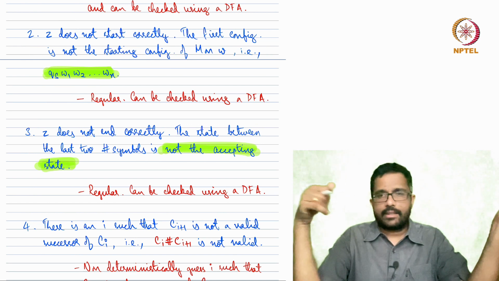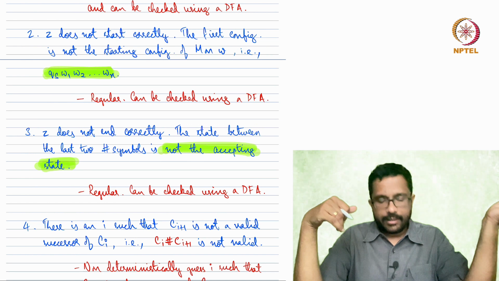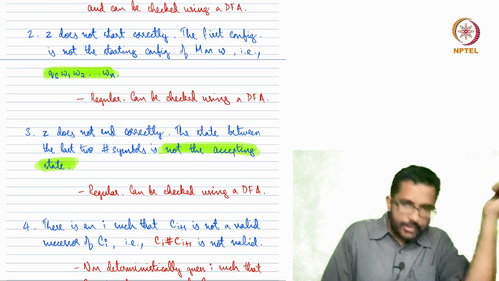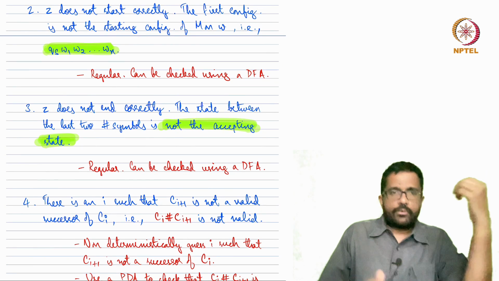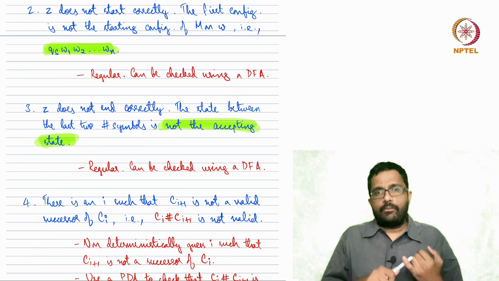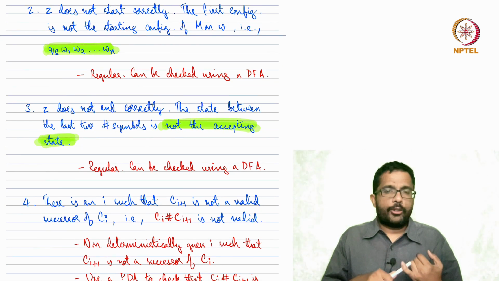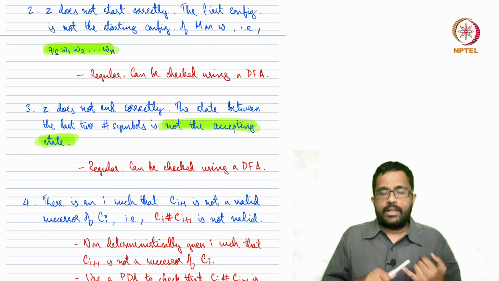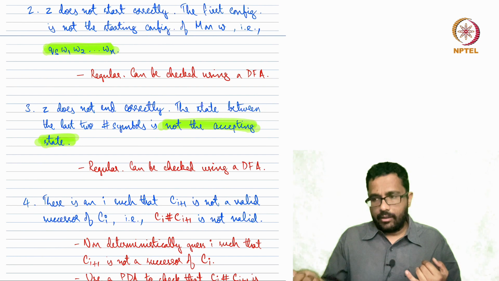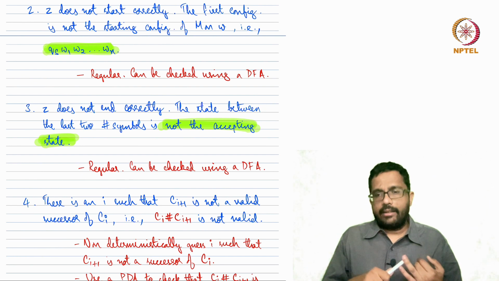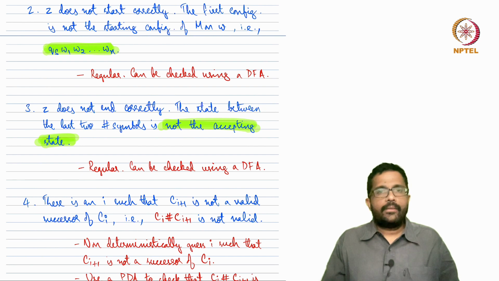This is also not that difficult to see. So we have covered the string being well formed as a computation history, starting correctly, meaning C1 is the starting configuration, and ending correctly, meaning the last configuration is an accepting configuration.